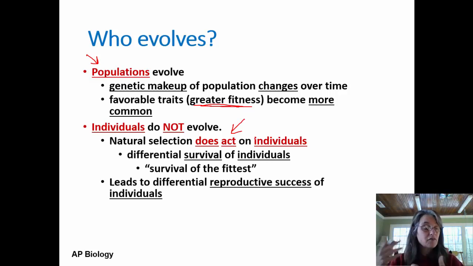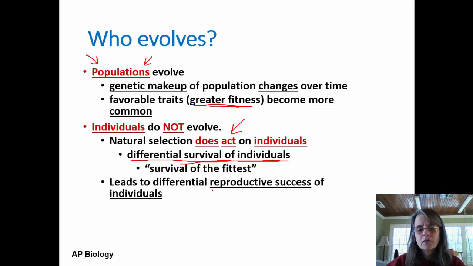Individuals will live or die based on how the characteristics they are born with affect their ability to survive in their environment. So, the differential survival of individuals is the mechanism by which evolutionary change occurs, but it is entire populations that actually evolve, not just one individual in that population.